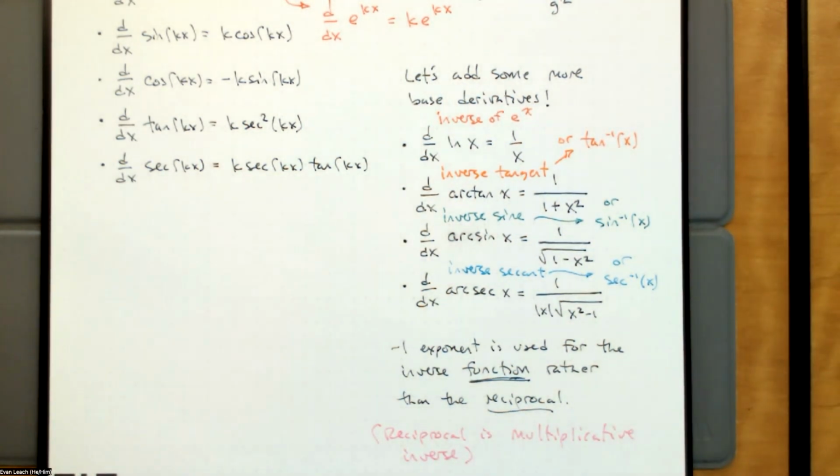So a reciprocal is a multiplicative inverse. 5 times 1/5 is equal to 1. Because when we combine the reciprocal with the original under the operation multiplication, we end up with the multiplicative identity.